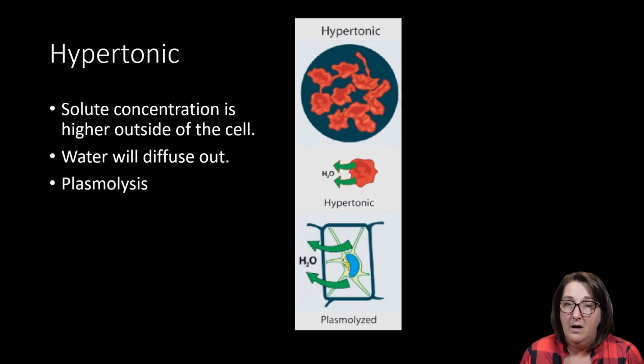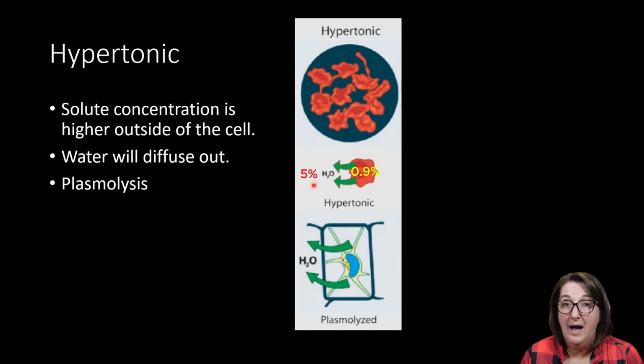When you have hypertonic, we're talking about the environment, okay? And solute concentration is going to be higher outside of the cell. So you just need to look at where I have more solute outside of the cell. That's going to make my environment hypertonic. So remember, if this cell is 0.9%, and I have a hypertonic solution, this means my solutes out here are going to be a lot higher.